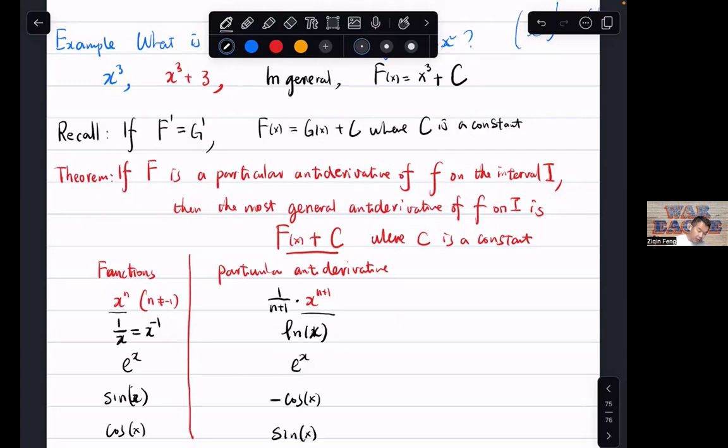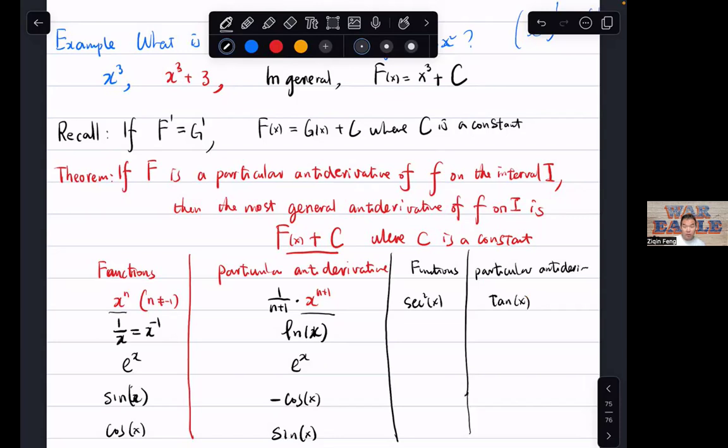Let's put in a few more, right? This is our function, and this is a particular antiderivative. Let's say secant squared of x, whose derivative is secant squared. We know that tangent of x, the derivative of tangent gives you secant squared, right?